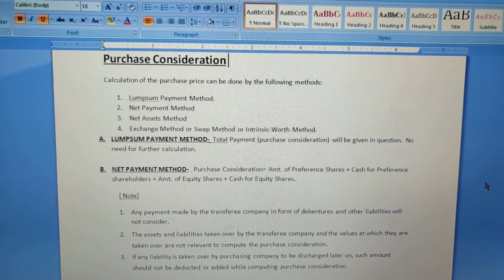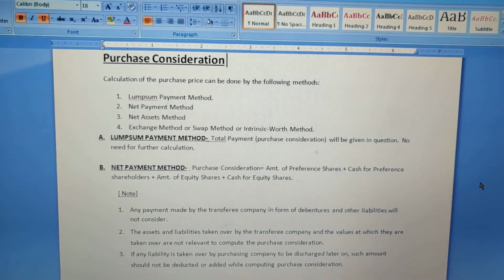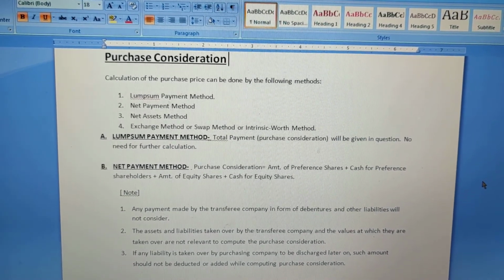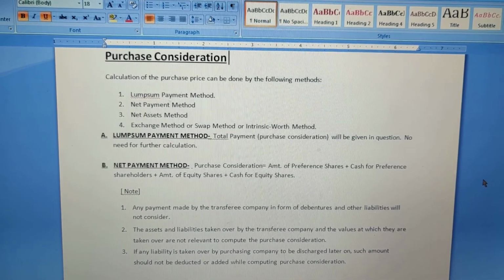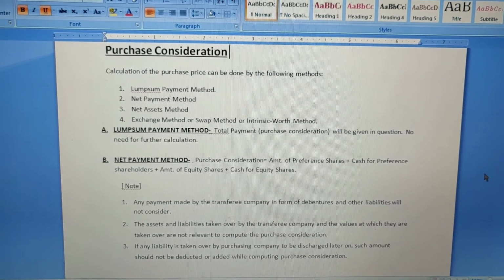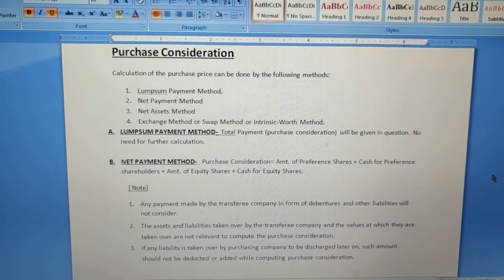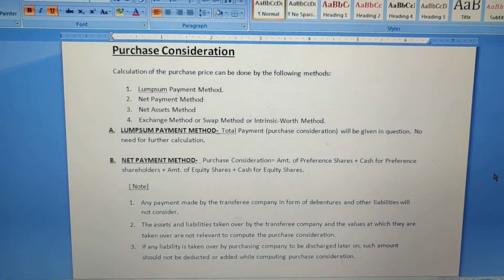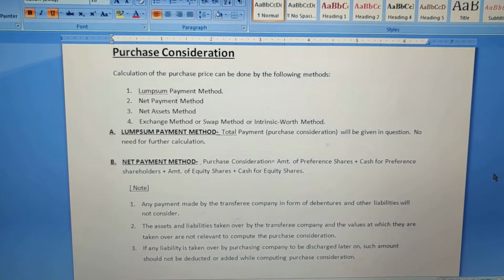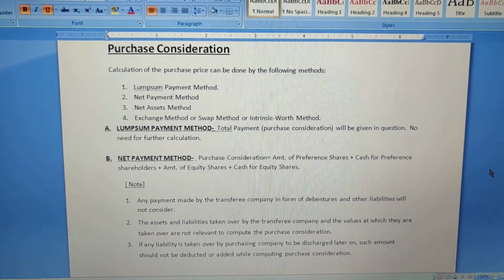It means that if a purchasing company is giving a total lump sum amount to the vendor company, the selling company, for example, there are two companies, X and Y. X is the purchasing company and Y is the selling company.